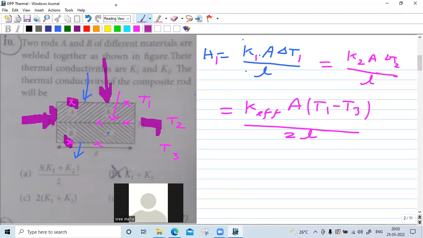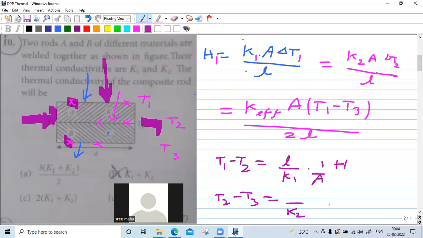For the first one, my pen is not visible. Delta T1 is T1 minus T2 equal to L by K1, 1 by A, into H. Similarly, T2 minus T3 is L by K2, 1 by A, into H. So if I add these two, I'll get T1 minus T3 equal to L H by A into (1 by K1 plus 1 by K2).